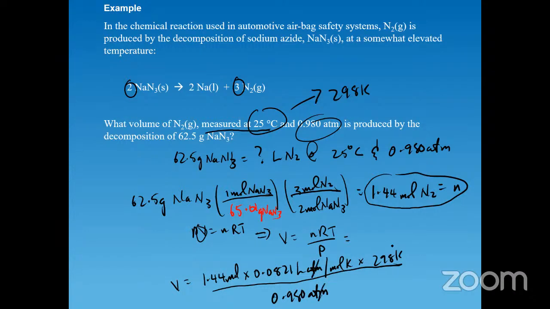The atmospheres will cancel, the Kelvin will cancel, the moles will cancel. So the final unit that you're going to be left with would be liters. So let's see what that gives. 1.44 times 0.0821 times 298 divided by 0.980. And according to my calculation, the answer I got, rounded, is 35.9 liters. And that's how that is done.